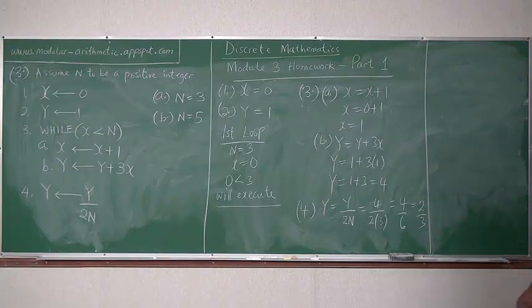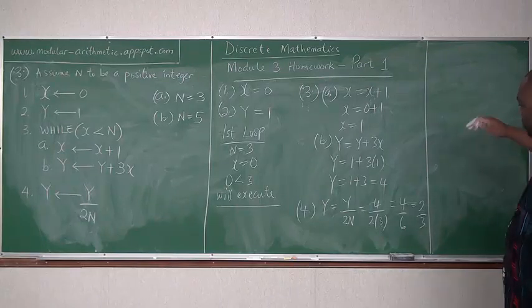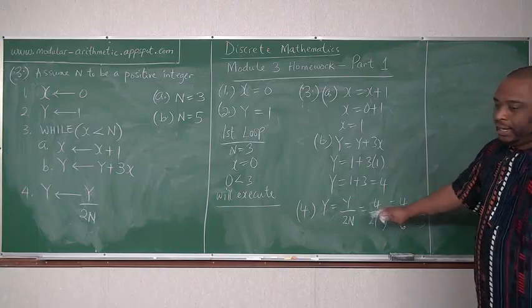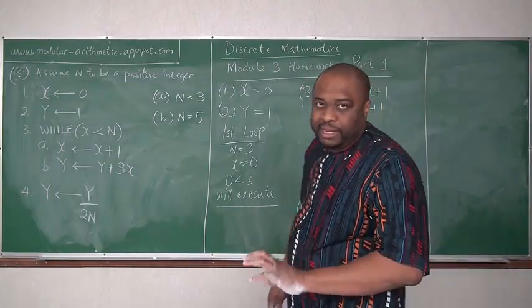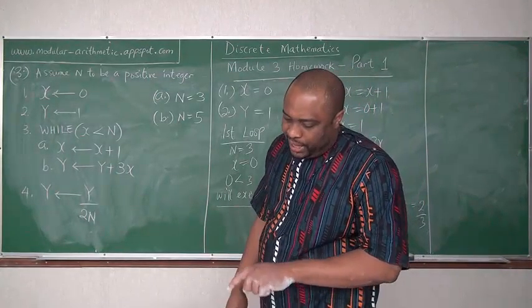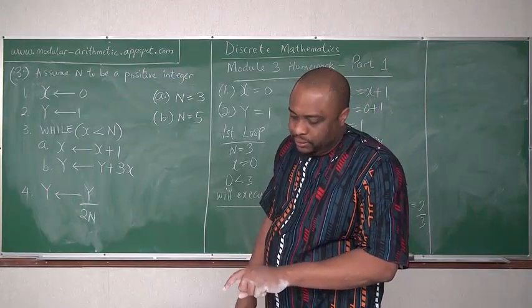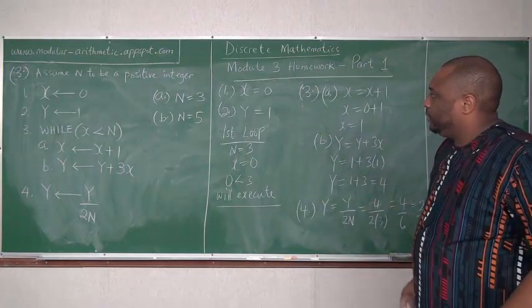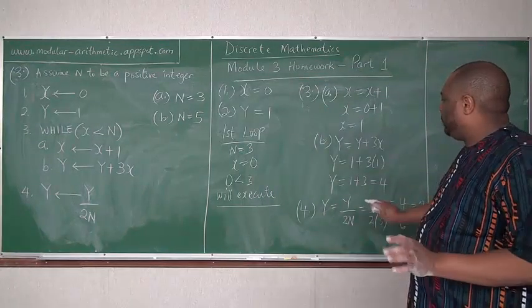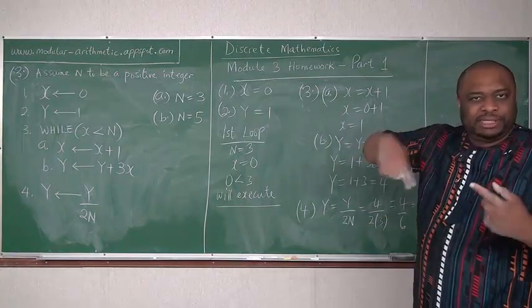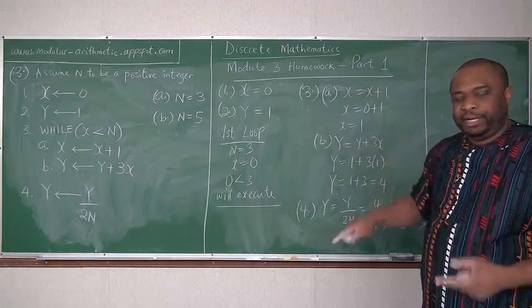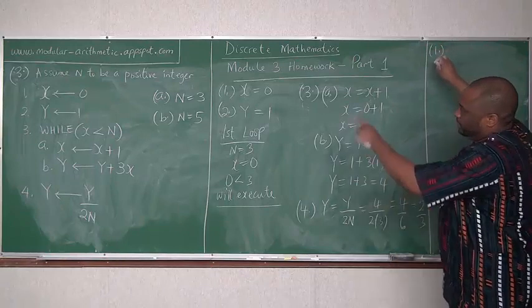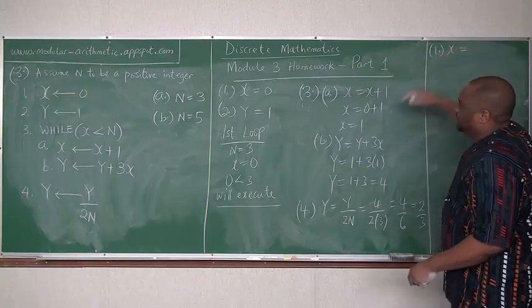Alright? We start afresh because they want us to find the value of y. Calculate what value of y the algorithm will compute for the following values of n. So n equal to 3. We've not finished this. The program will keep running. So in the next one, number 1, our x will no longer be 0.